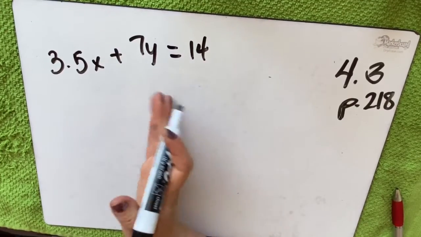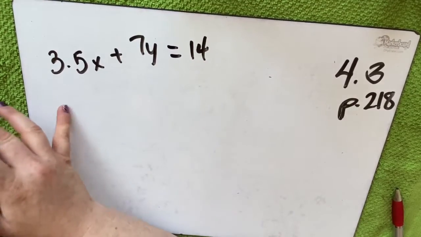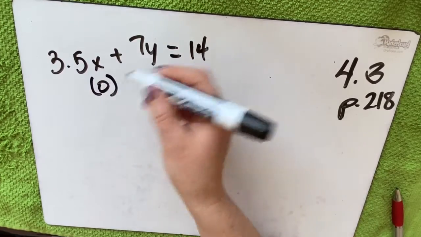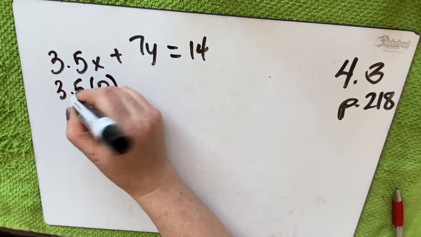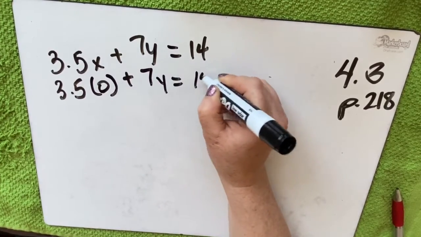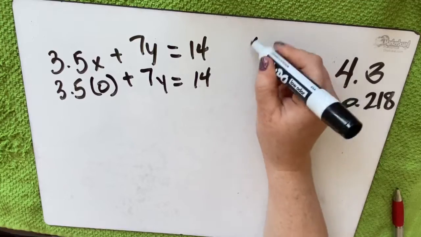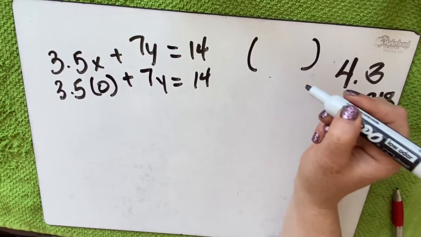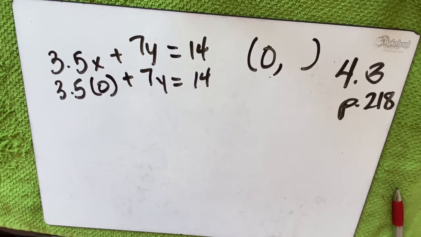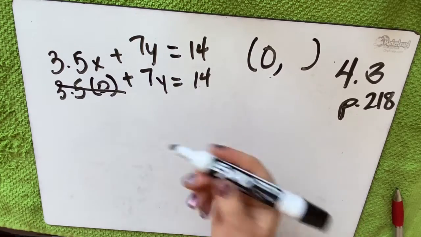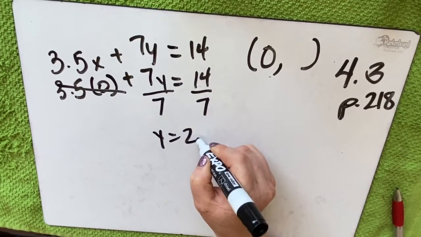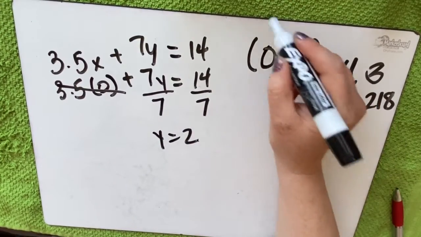So we know that if we solve for y, we can graph it, but let's substitute 0 here for that y-intercept. So 3.5 times 0 plus 7y equals 14. So x is 0 on this one, so that cancels that out. So you divide by 7, y equals 2. Okay, so this is the y-intercept.